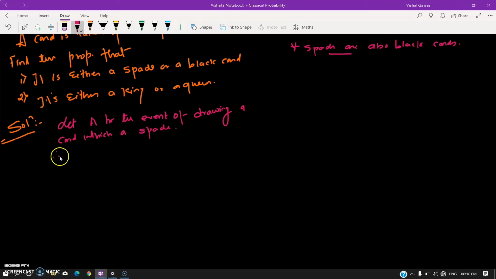Therefore, what happens to the probability of A? Since there are 13 spades, the probability becomes 13 over 52, which is equal to 1 over 4.